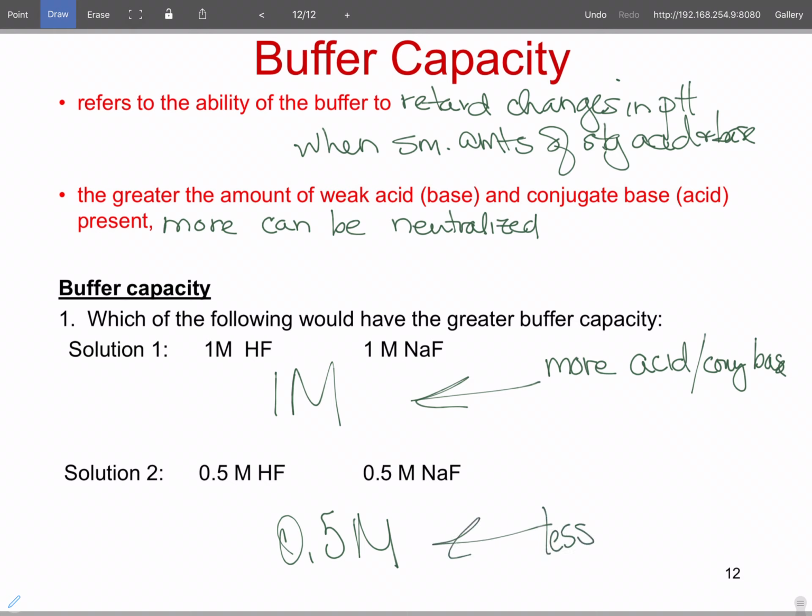So think of it this way: if it has more, it can absorb more. So we say that buffer capacity increases with increasing concentration. When you have a buffer that's really strong, then it will hold a whole lot more than if it has less.